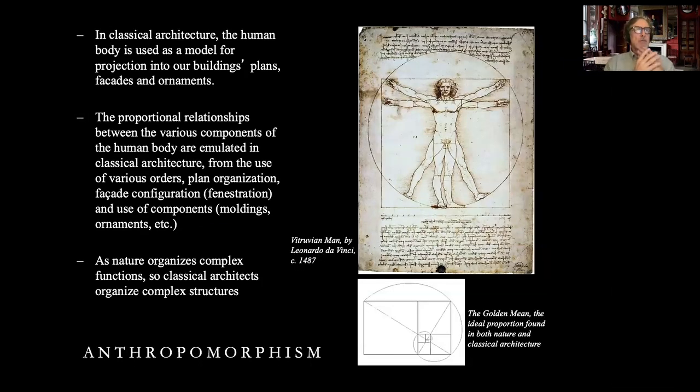Next is anthropomorphism. When we looked at the importance of bilateral symmetry in classical architecture, I noted that our bodies are bilaterally symmetrical. This is one aspect of a prevailing anthropomorphism which pervades the language of classical architecture. The image on the right, Leonardo da Vinci's Vitruvian Man, is probably familiar to most of you.